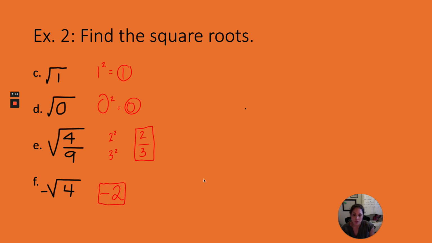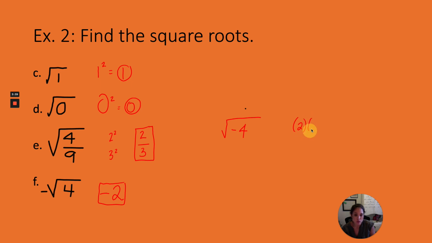Now, just as a reminder, you are not going to see a negative 4 inside of this radical sign. This is because here are our options as far as multiplying or squaring a number.